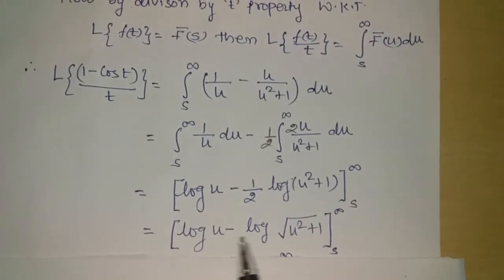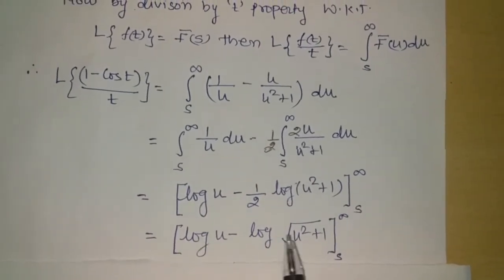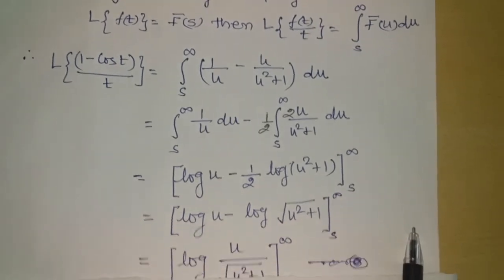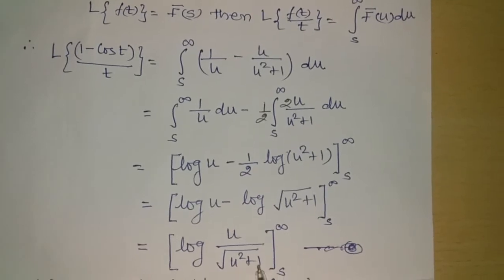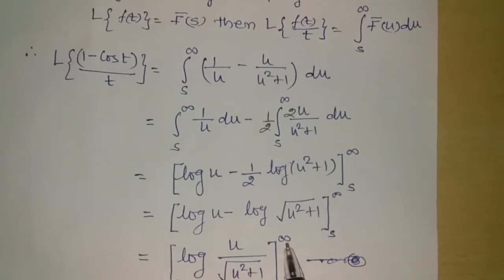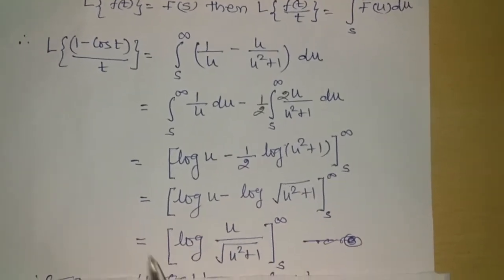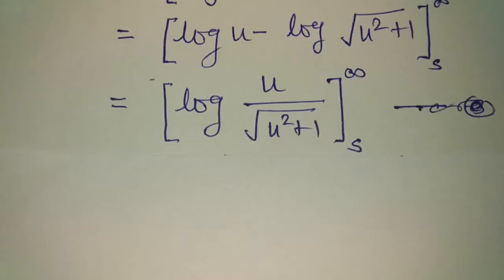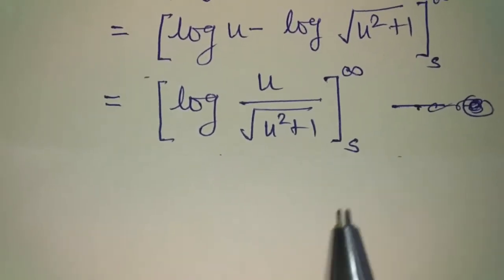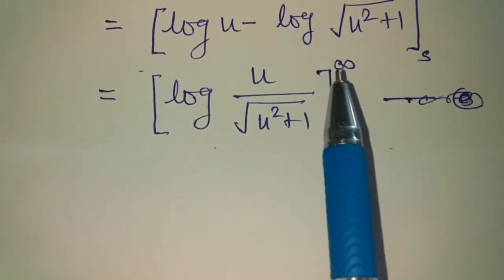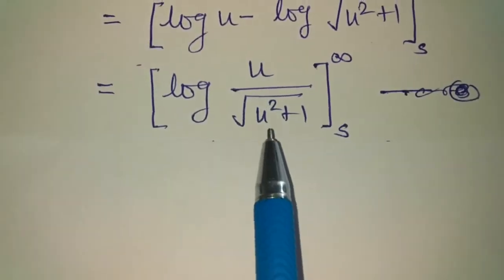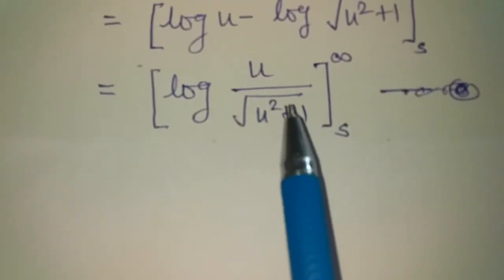Again use the property of log, that log m minus log n is log m by n, and we get log u upon square root of u square plus 1, s to infinity, the limit of integration. Now we put upper and lower limit, but the upper limit infinity gives infinity upon infinity form, that is undefined form.